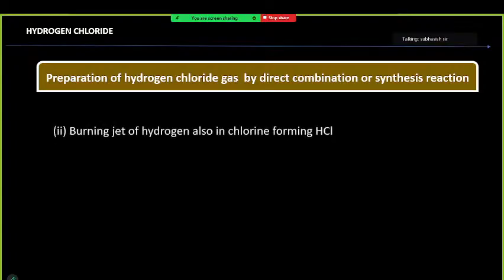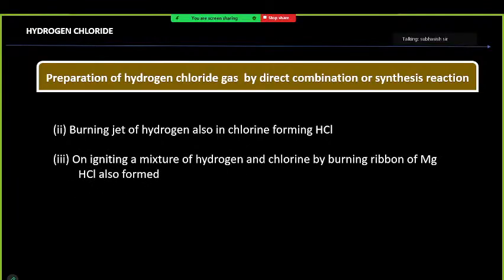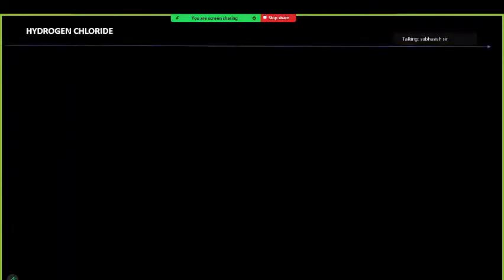This is the reaction of a jet of hydrogen burning in chlorine, forming hydrogen chloride. Also, when a mixture of hydrogen and chlorine is ignited by burning a ribbon of magnesium, HCl is formed, because so much heat is generated by the burning of magnesium, and that heat gives energy to the reaction between hydrogen and chlorine. So no sunlight is required by this process.